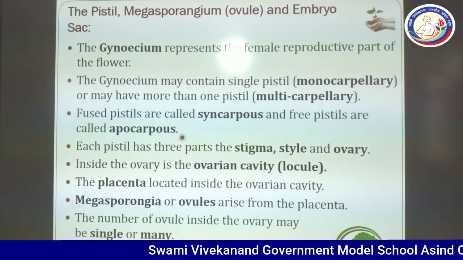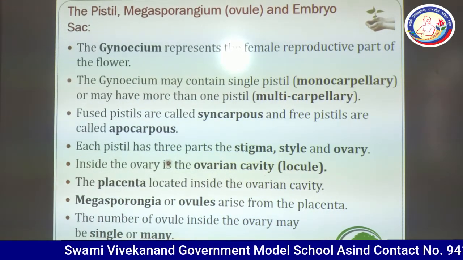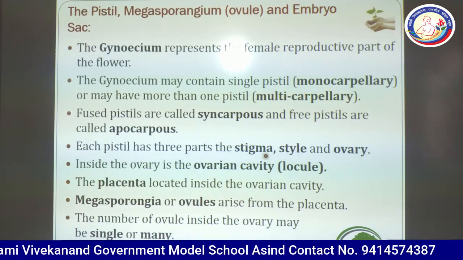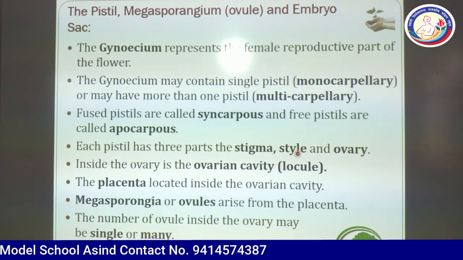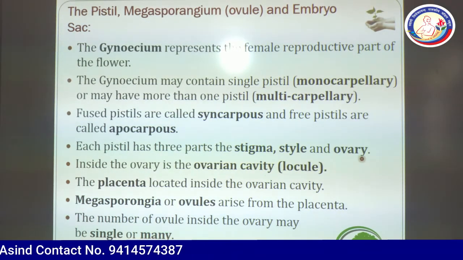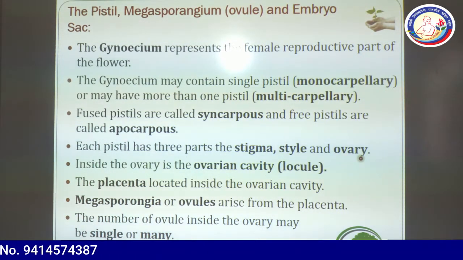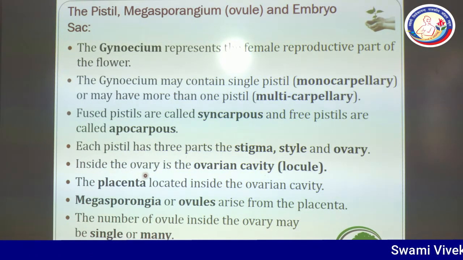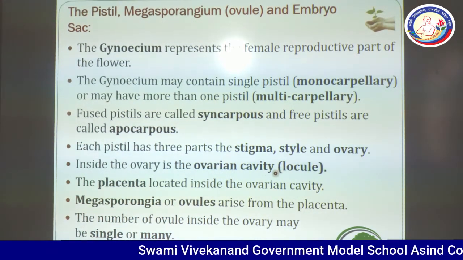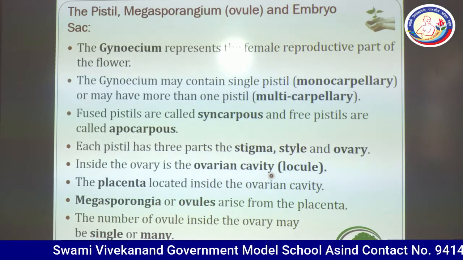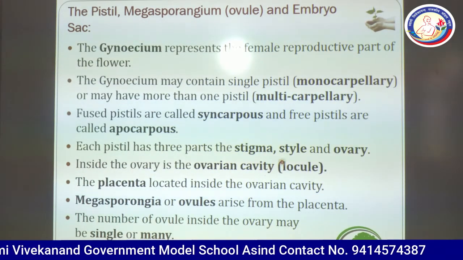As we have already discussed, each pistil has three parts: stigma, the top of the structure; style, the middle part of the structure; and ovary, the lowermost part of the structure. Inside the ovary, there is a hollow cavity known as the ovarian cavity, and another name for this is locule.